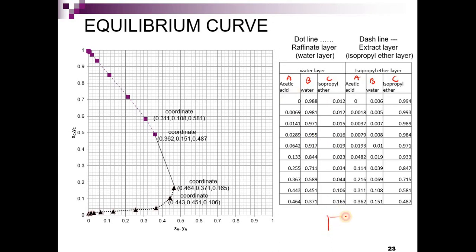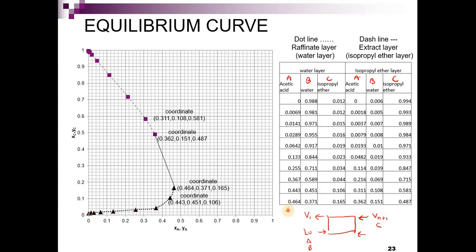If I can draw for you, let's say I have an extraction stage, I have component A and B. So this is the solvent B(n+1), so it only has component C. Okay, so this is the extract product, we call it B1.